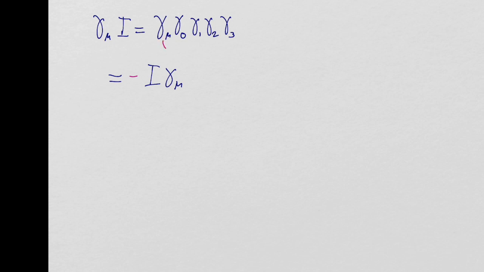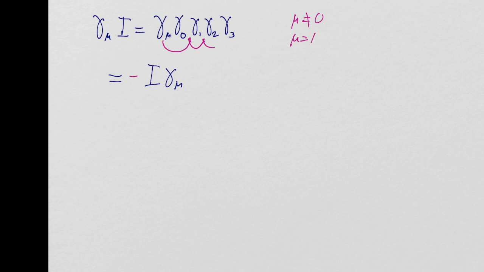Well, I can take gamma mu and pass it through gamma 0, and I'll get a sign change if mu does not equal 0. But if mu does equal 0, then I won't get a sign change, because if mu equals 0, you don't even have to commute. You just start commuting the gamma 0 over. So then I can commute it past 1, and again, I will get a sign change if mu does not equal 1.